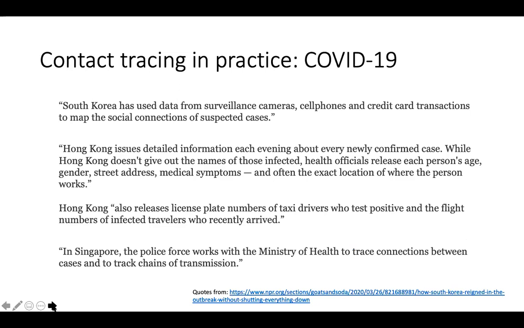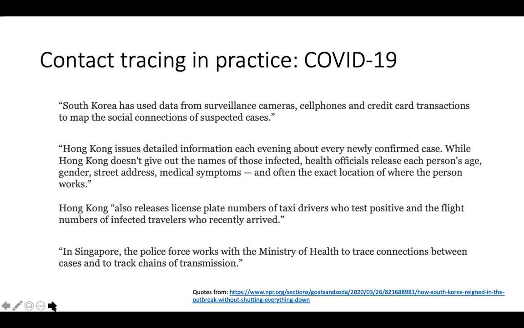We've seen contact tracing already happen with respect to COVID-19. These are quotes from an article in NPR, and you'll see that South Korea, Hong Kong, and Singapore have used contact tracing in different ways. But all of them, instead of relying on what I just described, which is old-school contact tracing, made use of mobile technology and geomapping technology. South Korea used data from surveillance cameras, cell phones, and credit card transactions.